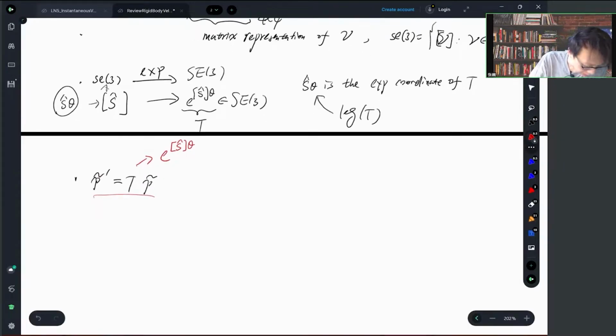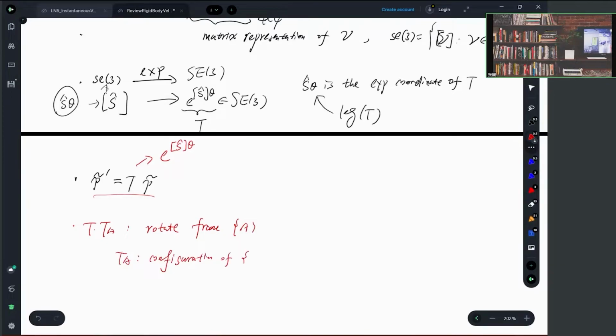Similarly, T times TA means, let's say TA is the configuration of frame A, suppose that.